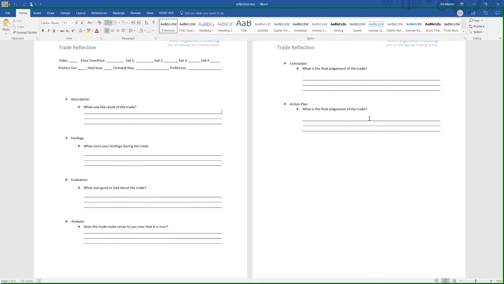I ended up not digging a hole for myself, but I broke my rules initially. So in the end, it worked out. In the end, I managed it based on what I learned. But for me, it was not a good trade because in the beginning, I broke my rules and I wasn't supposed to be doing what I was doing to start with.